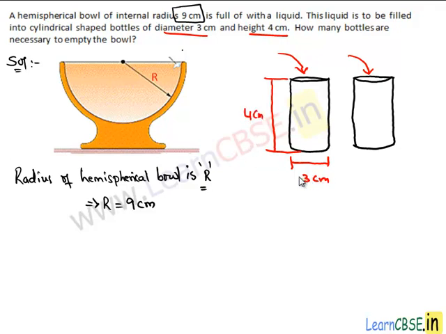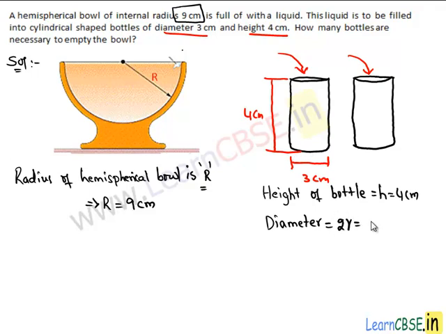So using this we have to find out the number of bottles which are required to empty the hemispherical ball. Let the diameter of each bottle be 2r, where r is the radius and it is equal to 3 centimeters. Therefore we have the radius is 3/2 centimeters.